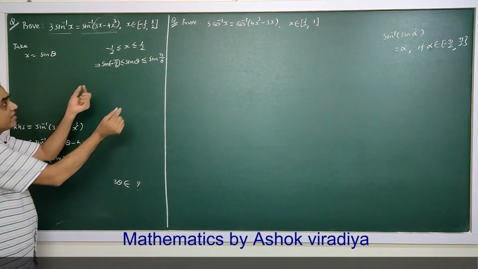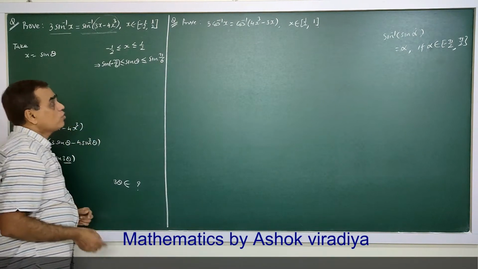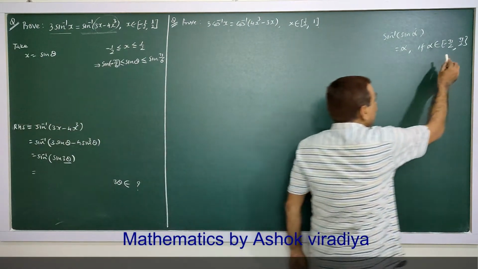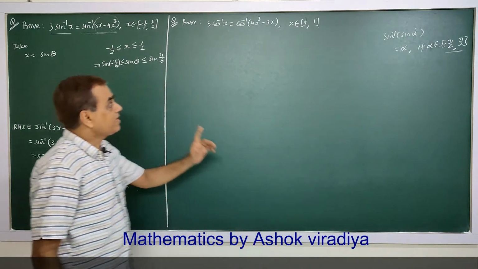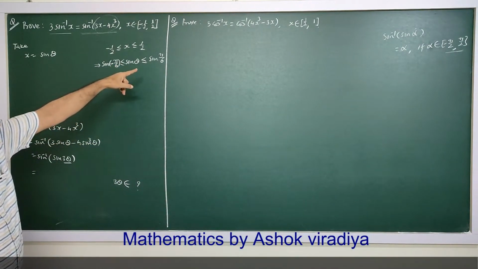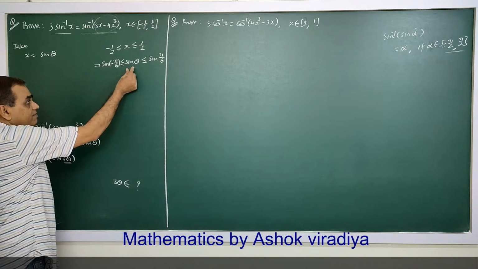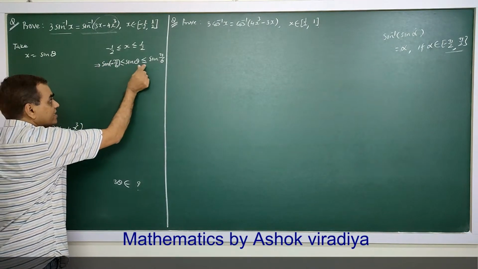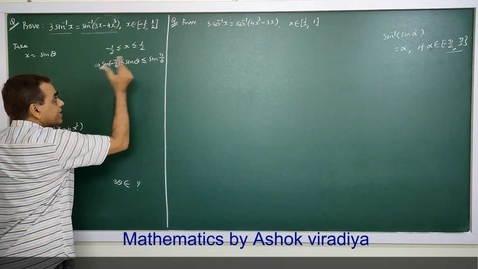Try to take these values as belonging to the domain of sine. Minus pi by 6 belongs to the 4th quadrant, plus pi by 6 is in the 1st quadrant. X is sine theta, so this side and this side take values in terms of sine.